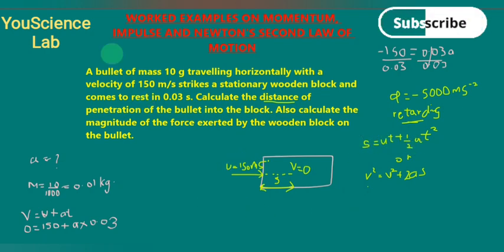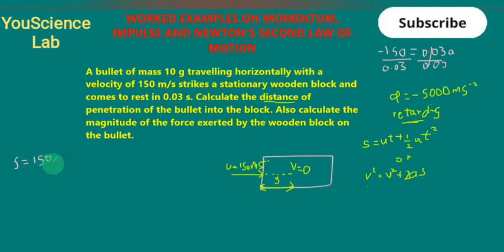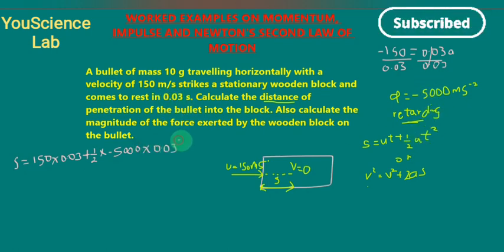So I'm going to use s is equal to ut plus half at squared. So x is equal to u, that's 150, times t, that's 0.03, plus half times a, that's minus 5,000, times t squared, that's 0.03 squared.